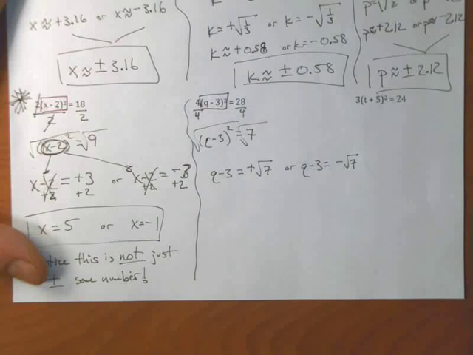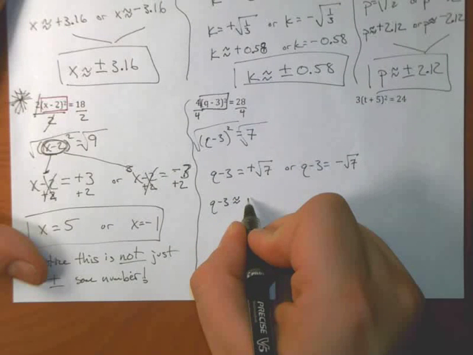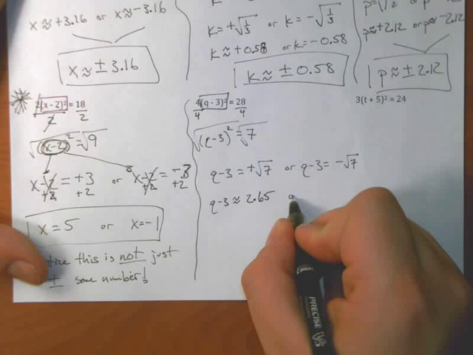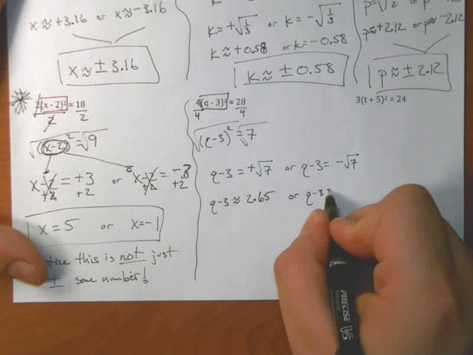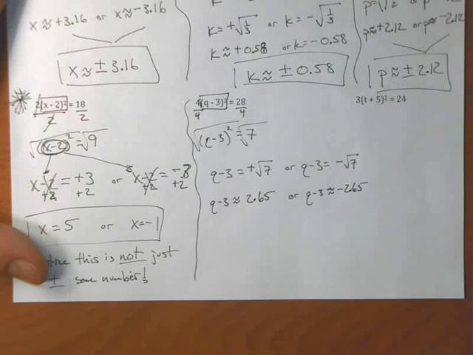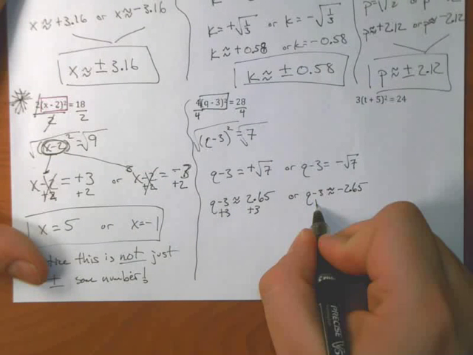Using my calculator, I find that the square root of 7 is approximately 2.65, or q minus 3 is approximately minus 2.65.